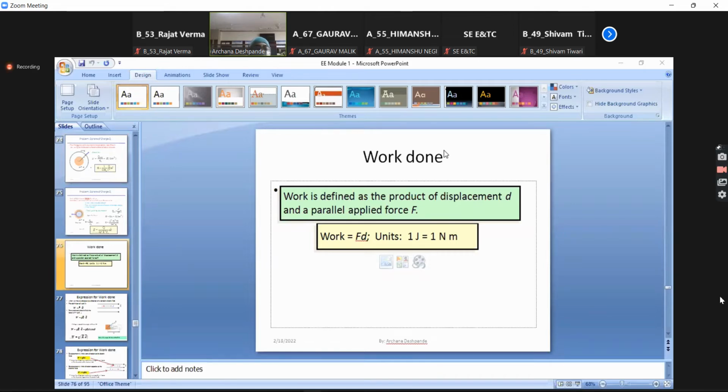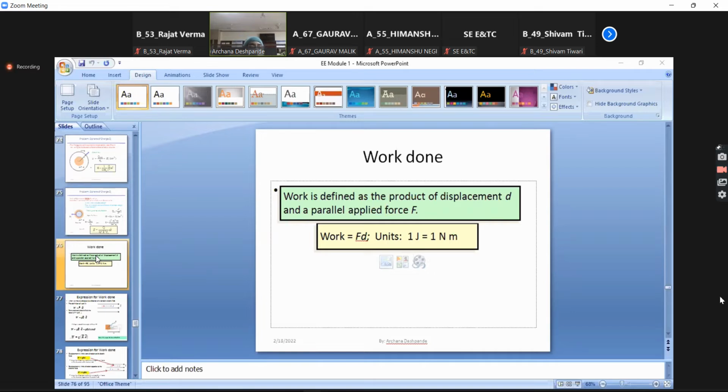Okay. So what is work done? Work done is basically the energy which is spent. Because if there is an existing force in the vicinity and you are doing some activity, then you have to overcome this force, or that force will do the activity for you. Anything can happen.